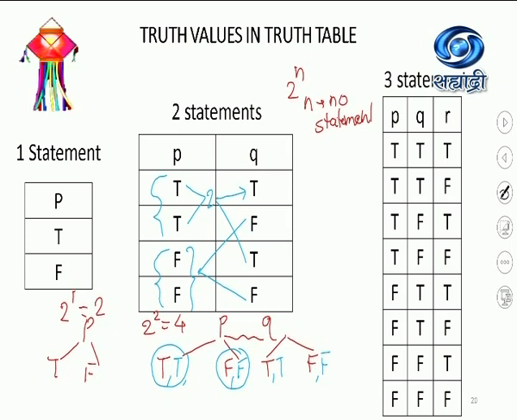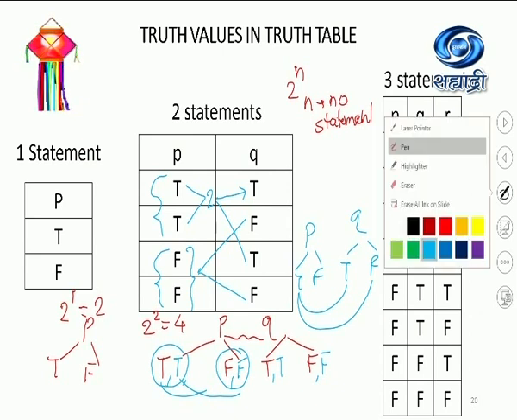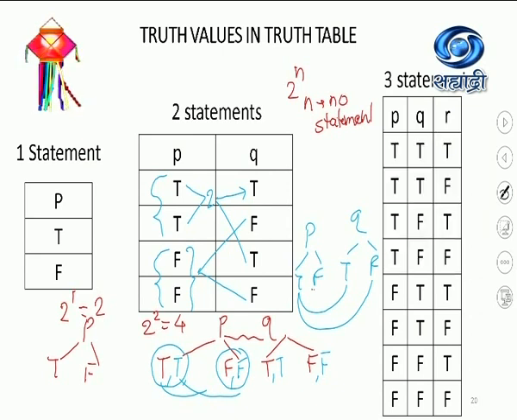Or in another way, you can go on having the combination like TF, TF. Suppose P has these two values TF, TF. Q also has values TF. First combination will be TT, and with T, the second combination will be TF. Third combination will be with this F, FT and FF.